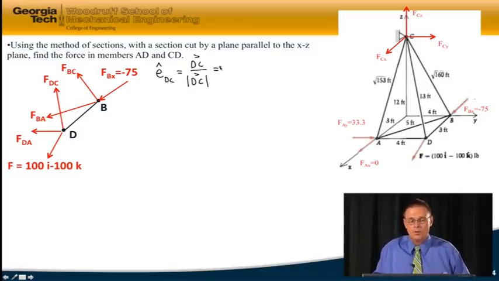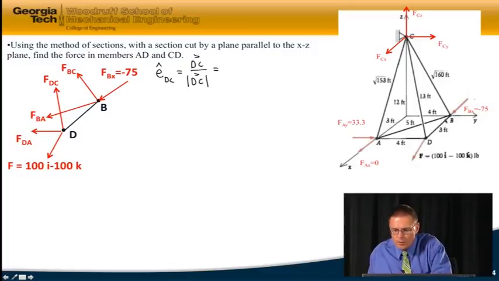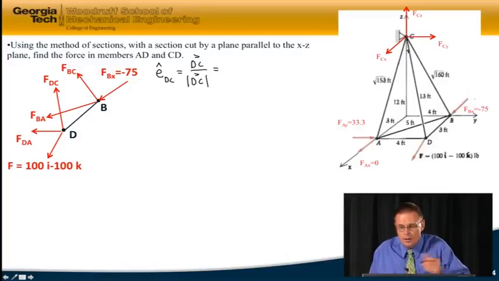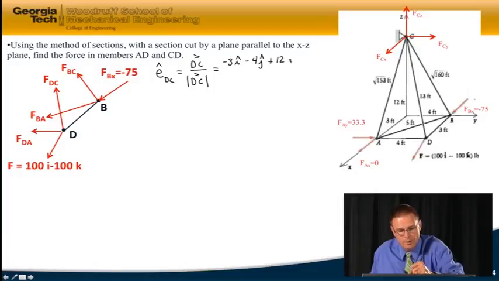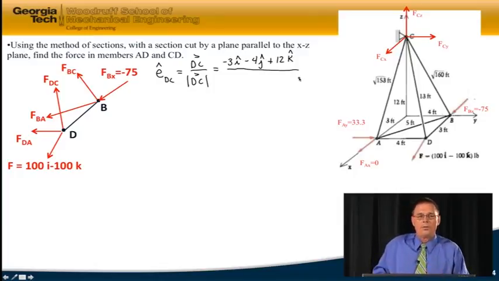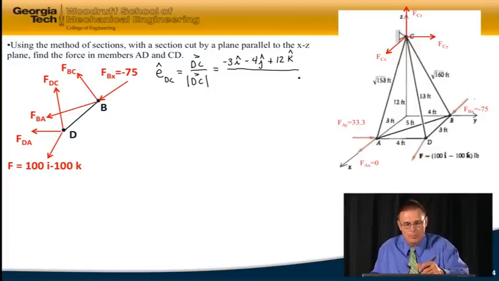So in going from D to C, we have to go 3 units in the negative X direction, 4 units in the negative Y direction, and 12 units in the positive Z direction. So we're going to have minus 3i minus 4j plus 12k over the magnitude of that position vector, which is the square root of the sum of the squares, which in this case ends up being 13.